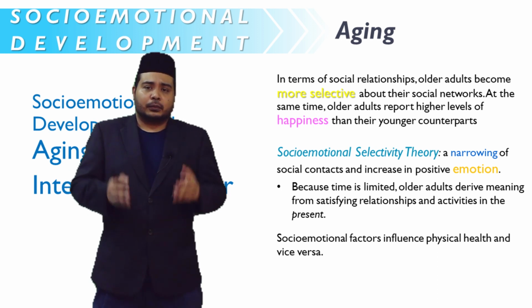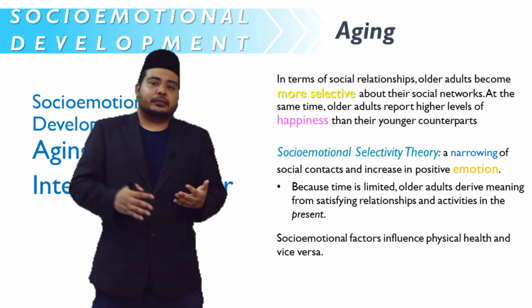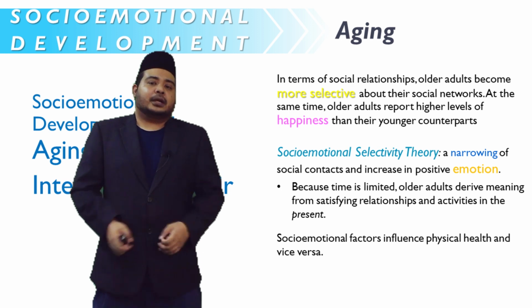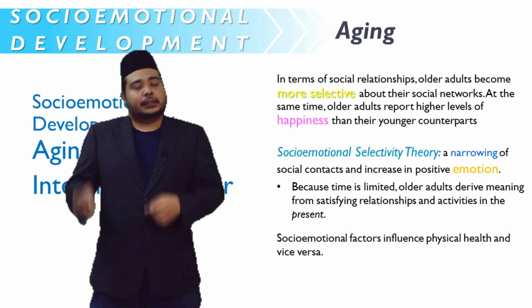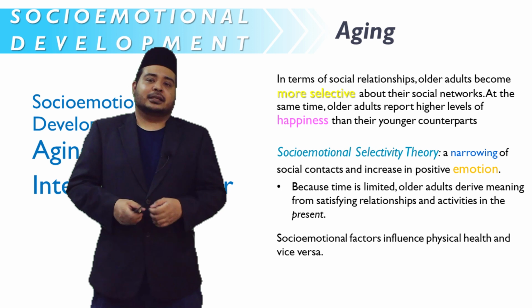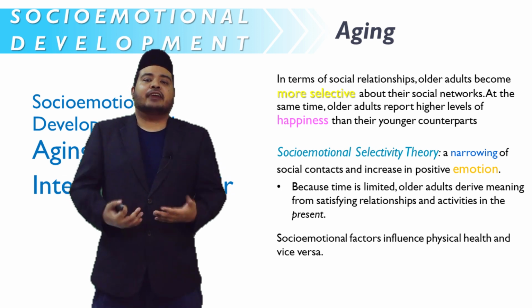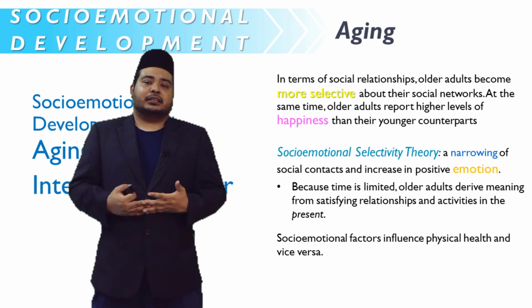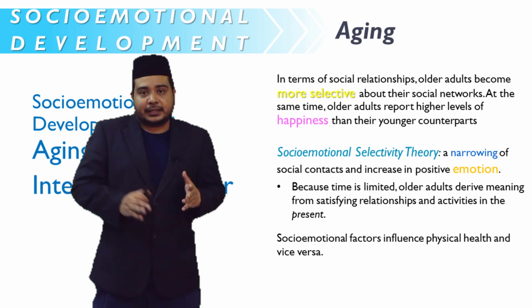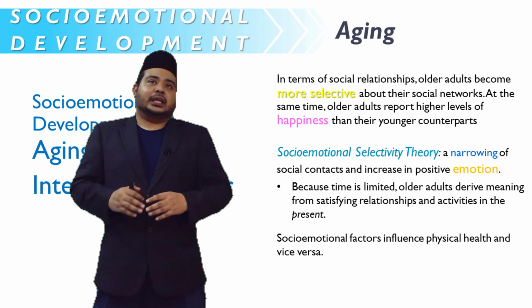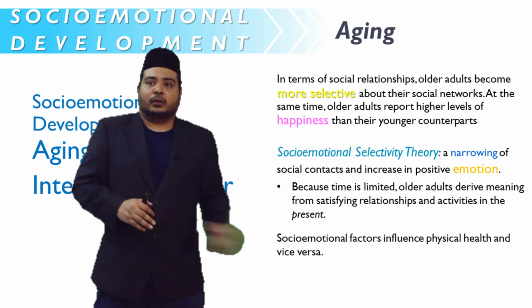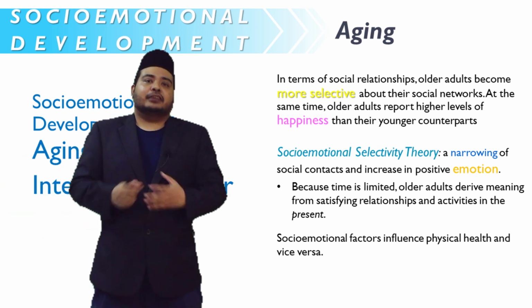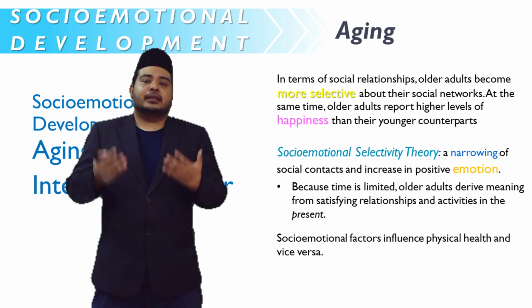Why do they have positive emotion based on this socio-emotional selectivity theory? Because for them, time is limited. Older adults derive meaning from satisfying relationships and activities at the present time. They no longer think about a long-term plan or what they are going to do in the next 10, 15 or 20 years. They value the here and now, the present time.